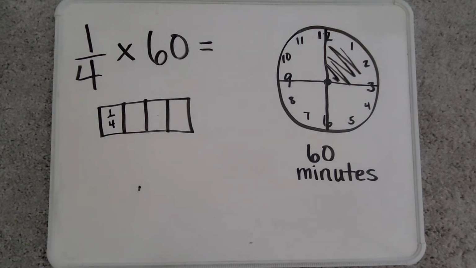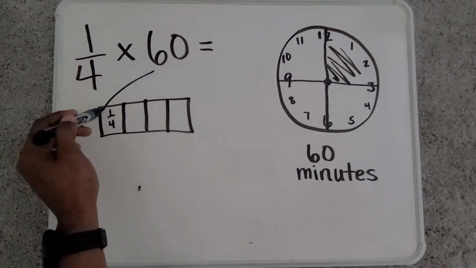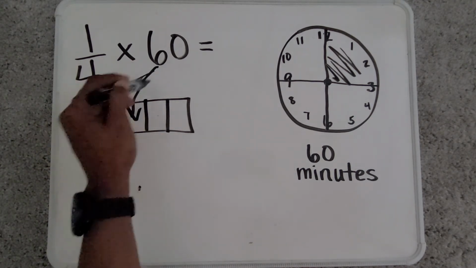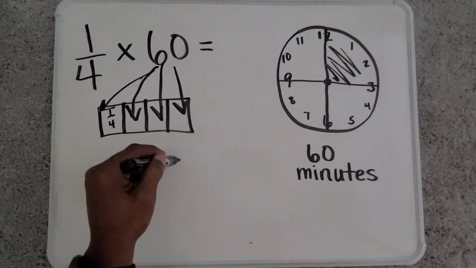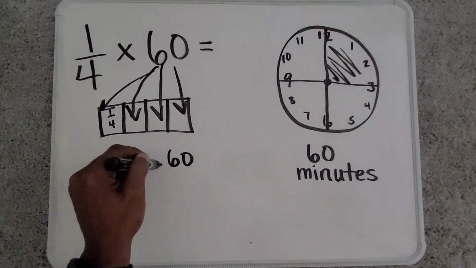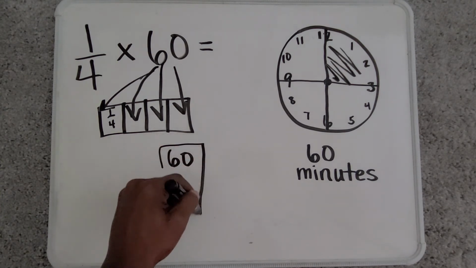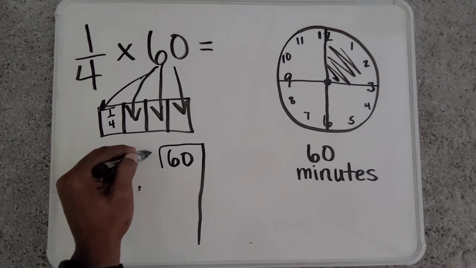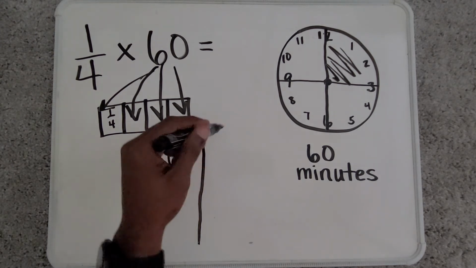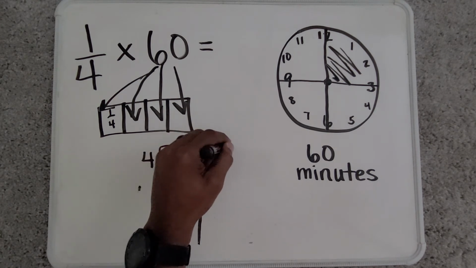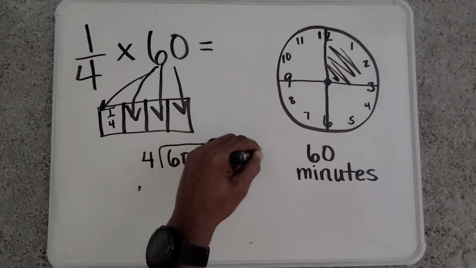Now I can use division in order to divide 60 into this fourth, this fourth, this fourth, and this fourth equally. I take 60, I'm dividing it into 4 equal groups. I know 4 times 10 gives me 40.